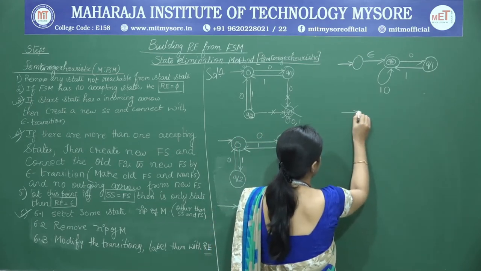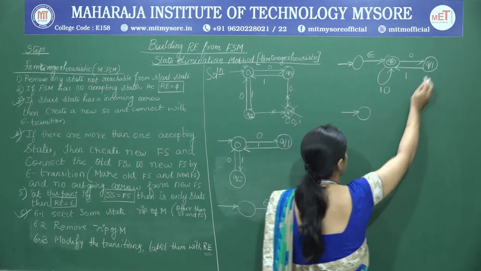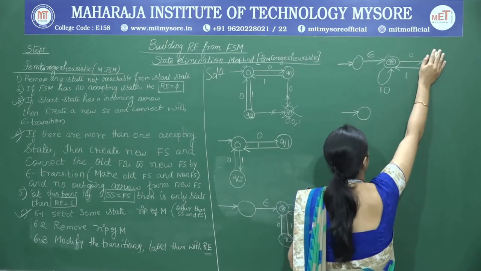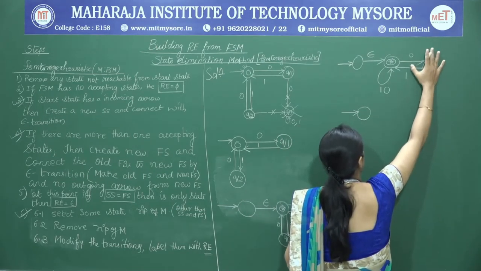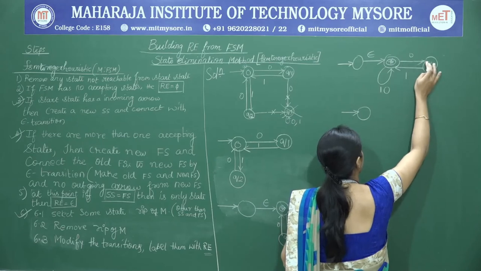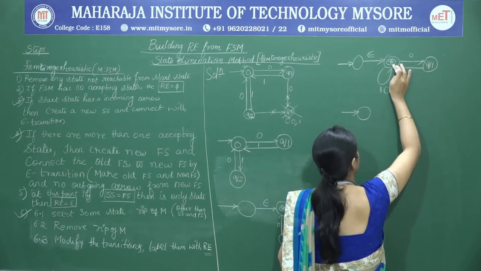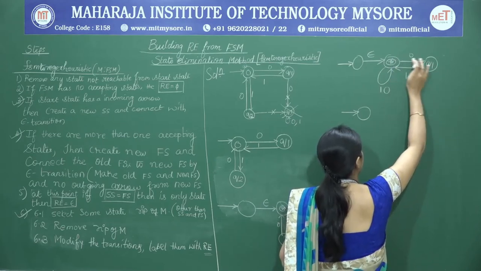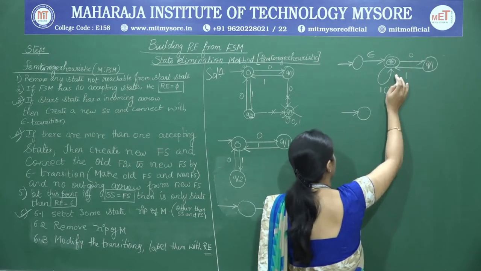In case you want to eliminate this Q1, understand that if the state is not there, then we have to keep these two transitions as they are. So what are the transitions? Q0 to Q1 and then from Q1 to Q0. So the arrows are leaving Q0 and coming back to Q0 again.